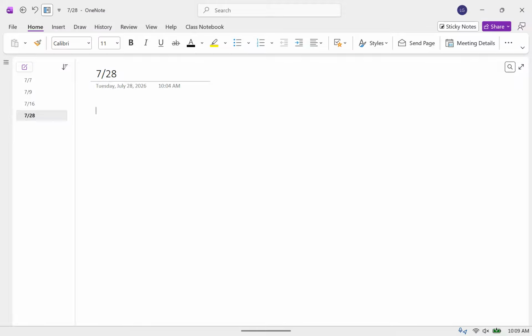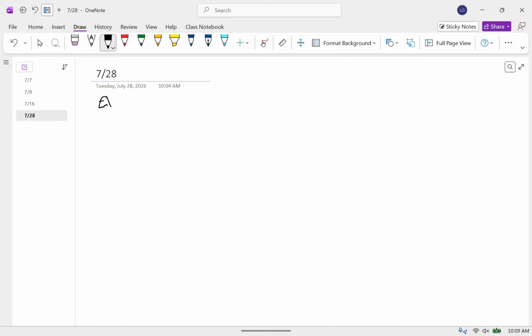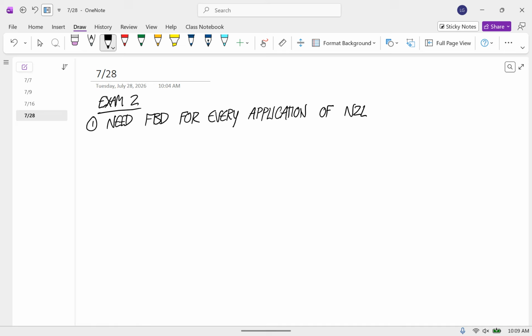So this is exam 2. The first thing I just want to reiterate from class notes is that you need to draw a free body diagram for every application of Newton's second law or the moment equation.